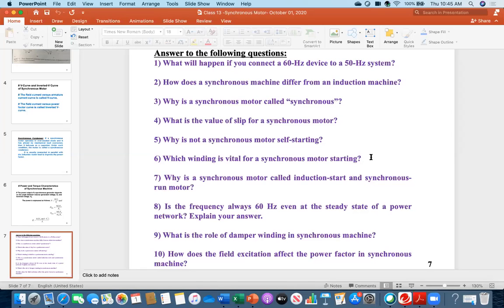Therefore, to remove those oscillations, damper winding is used on the synchronous generator. But for synchronous motor, damper winding is used for starting because it is not self-starting. Now, question number 7. Why is a synchronous motor called induction start and synchronous run motor?